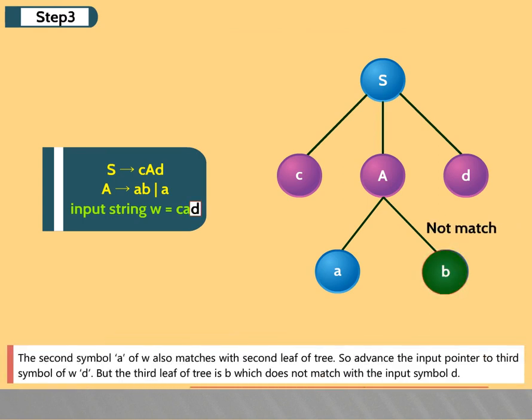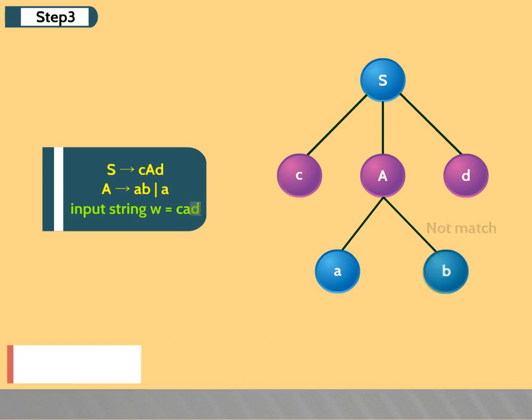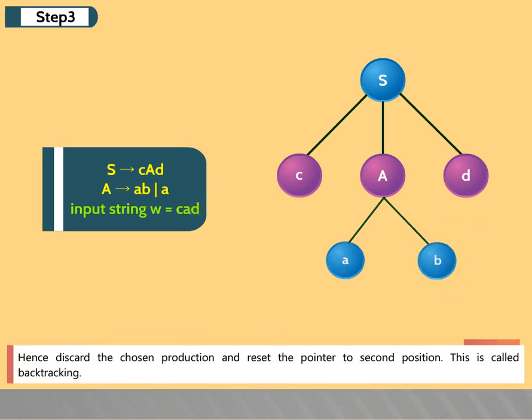The second symbol a of w also matches with second leaf of tree, so advance the input pointer to third symbol of w, d, but the third leaf of the tree is b, which does not match with the input symbol d. Hence, discard the chosen production and reset the pointer to second position. This is called backtracking.